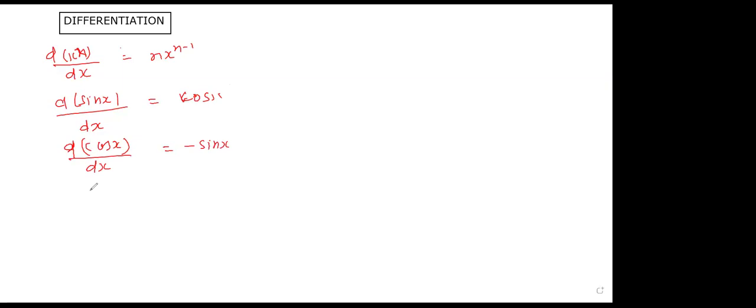Derivative of tan x is sec square x. Derivative of sec x is sec x tan x.